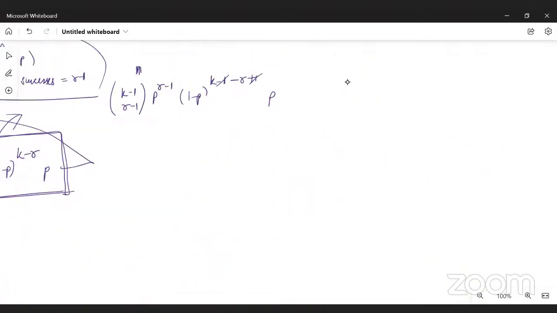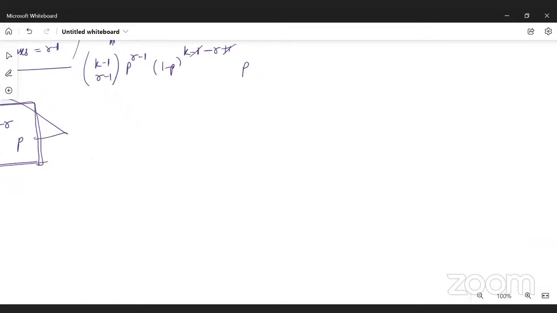Okay, so negative binomial was getting the Rth success on the kth trial. And geometric is that on the kth trial, you should have the first success. So if you just put r equal to 1 here, it becomes geometric.